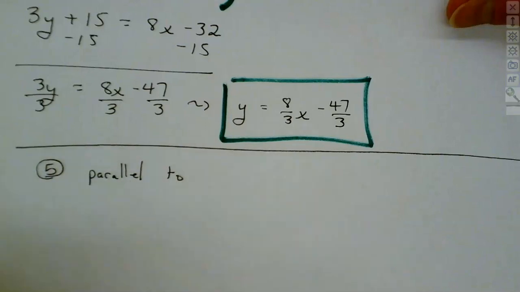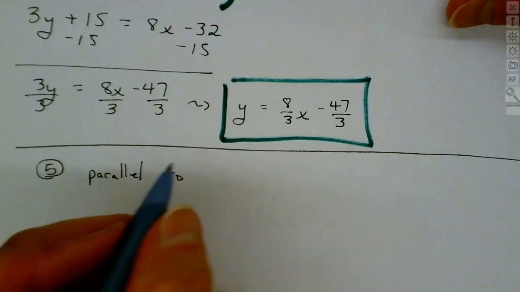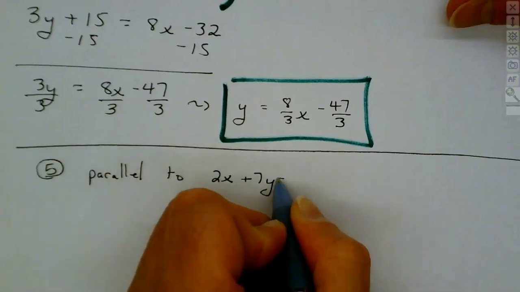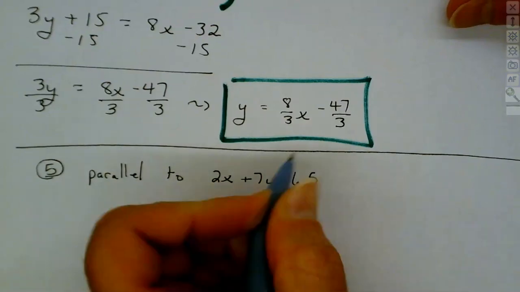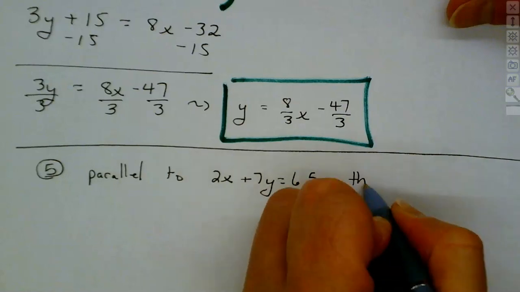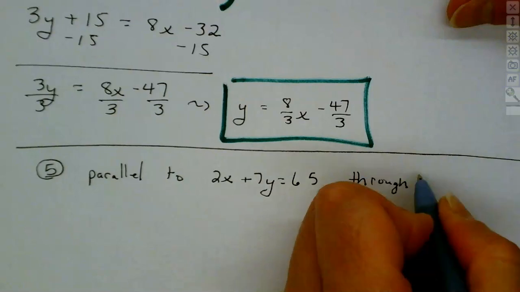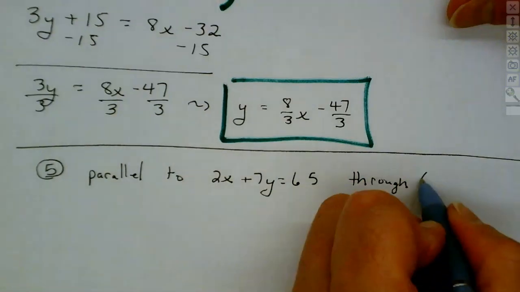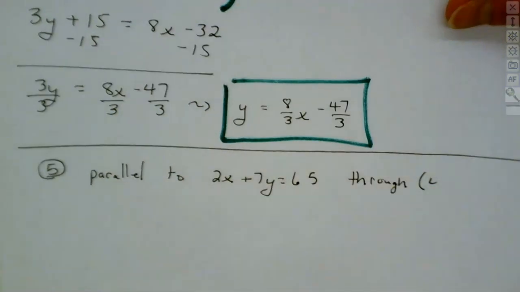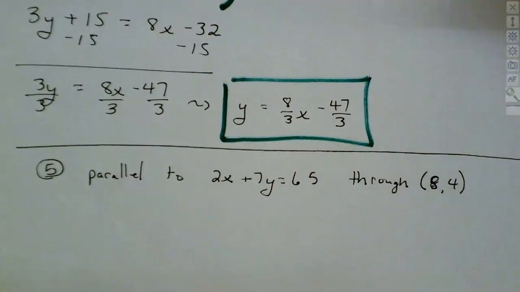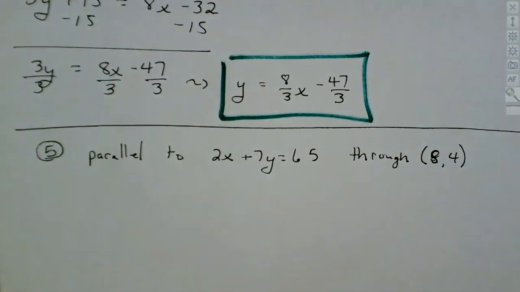So we want to find our line equation that is parallel to 2x plus 7y equals 65, and it has to go through 8, 4 here.